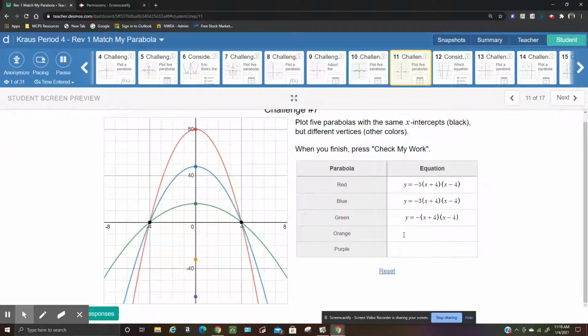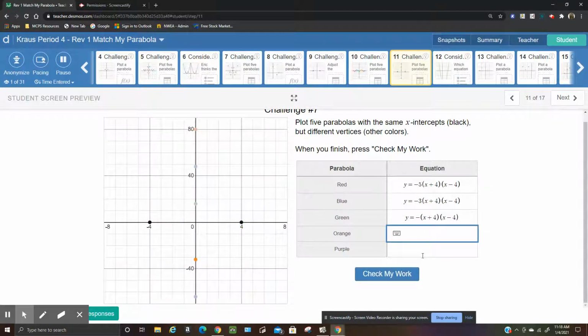And then the orange one is going to go upward. You want to go up 16, but you went up 32. So twice as much.